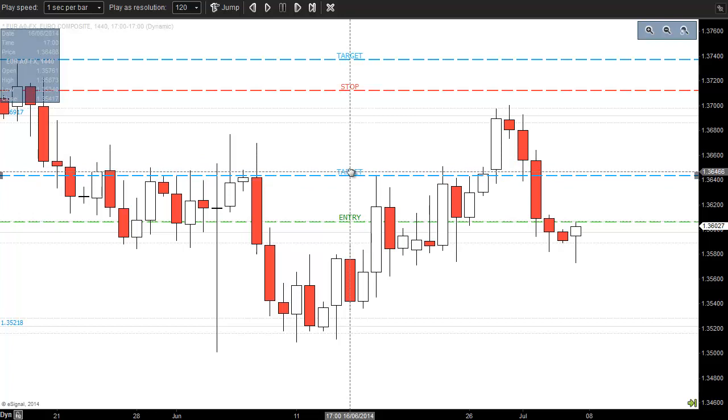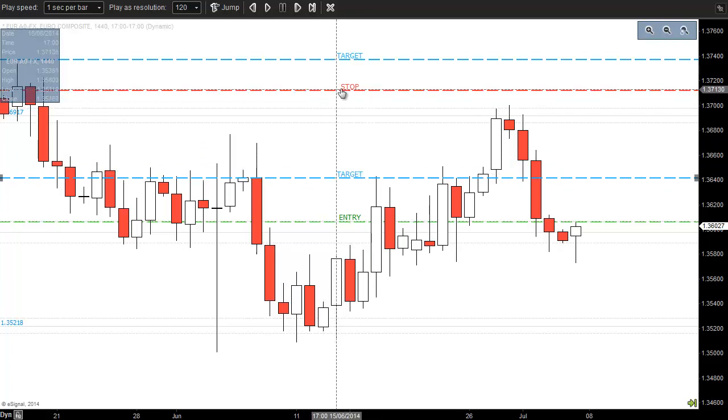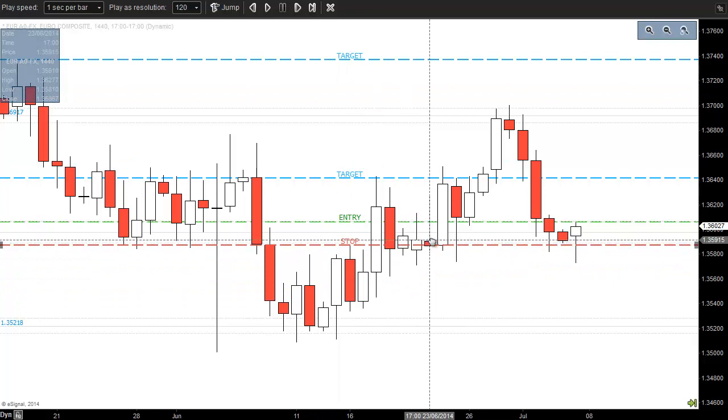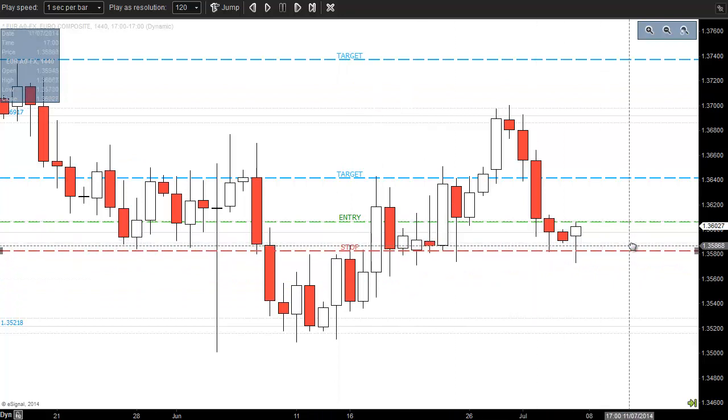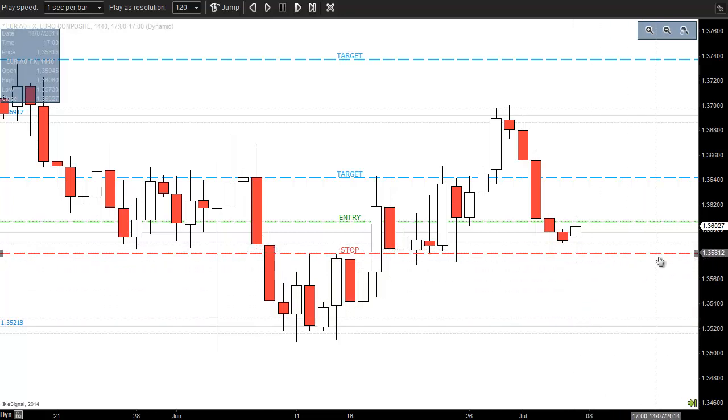It's a bit tight, but that just means the stop loss has to be tight. As long as you can manage to put a tight stop loss on the trade, then the trade's viable because you still get a good risk reward ratio. My stop loss for this trade was around about 20 pips, around about here-ish.